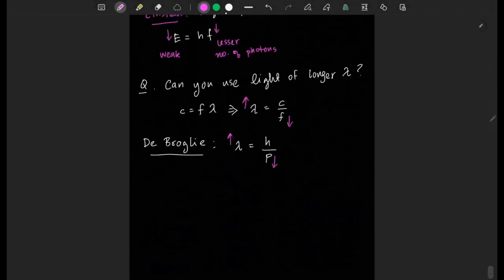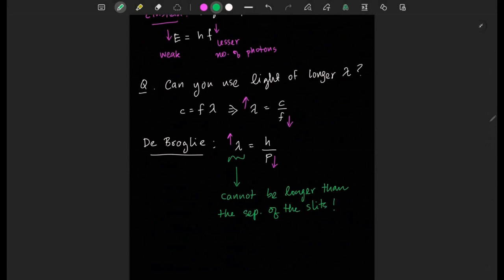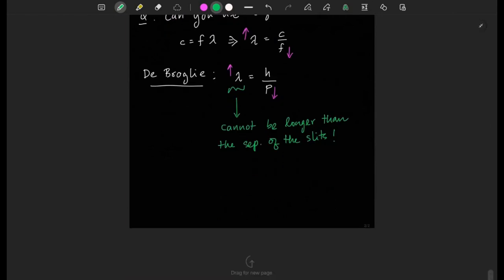This wavelength cannot be longer than the separation of the slits, because if it is, then you're back to the same problem. You don't know out of which slit the electrons are emerging from.